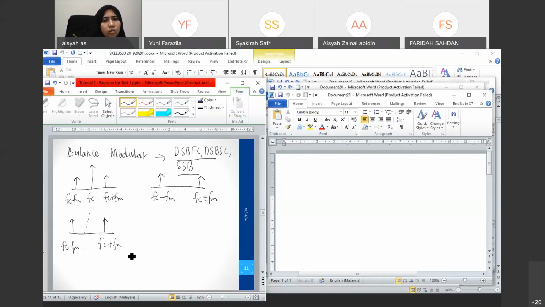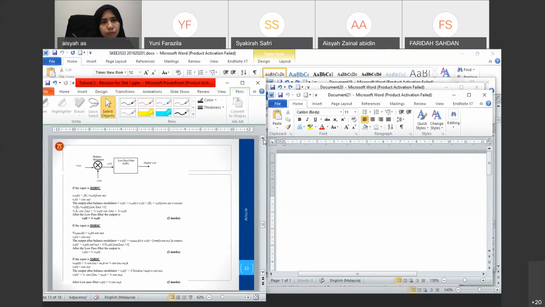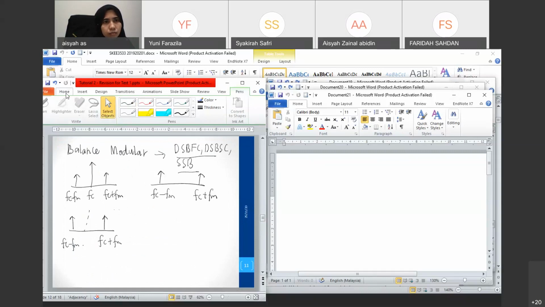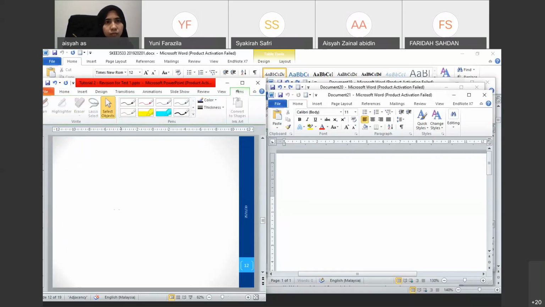Okay, how to use this balanced modulator? For the full AM, the direct method uses the balanced modulator. So we have the balanced modulator here.